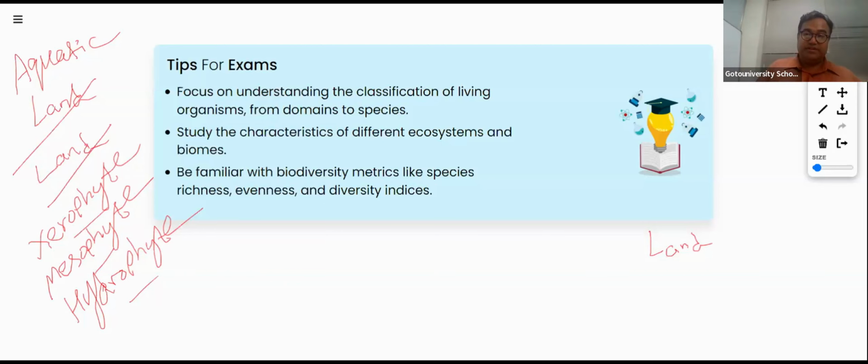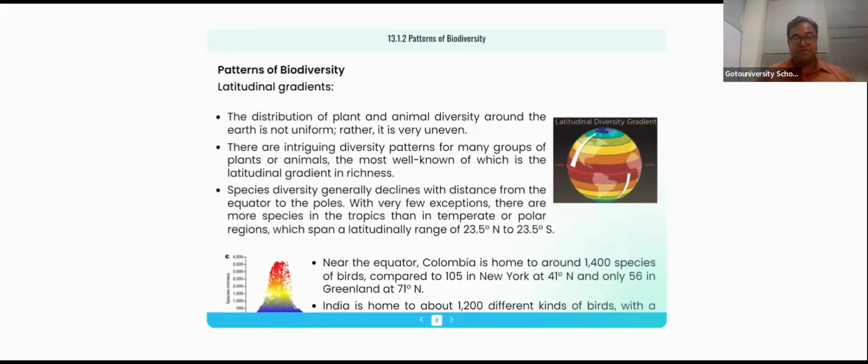In different geographical areas, animal and plant diversity around the earth is not uniform. The distribution of the plants and animals around the earth is not uniform; rather, it is very uneven. Can any one of you say the reason for the same?